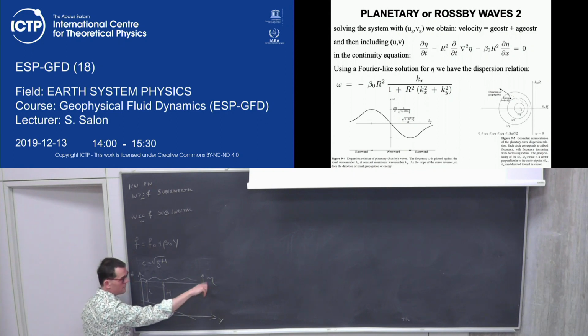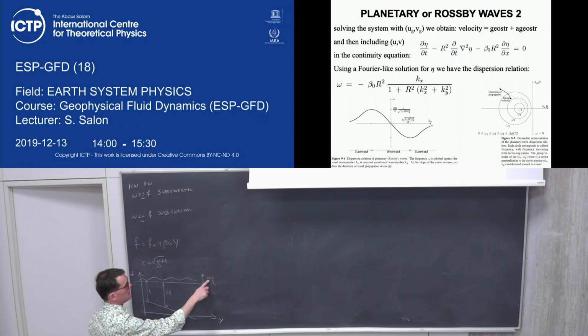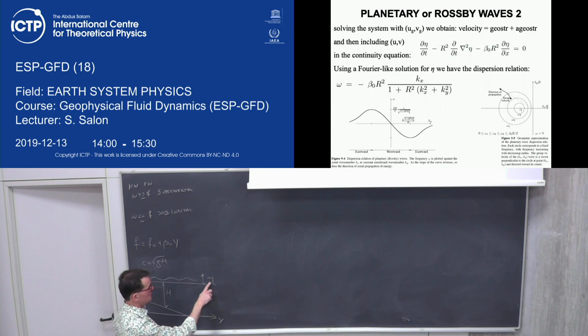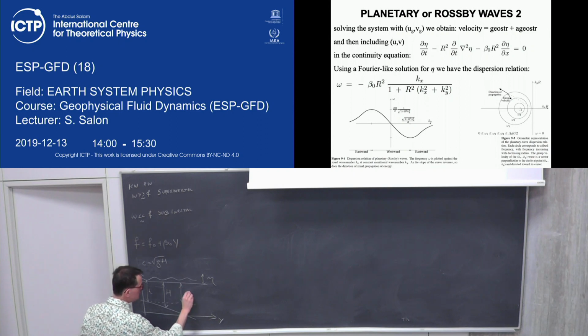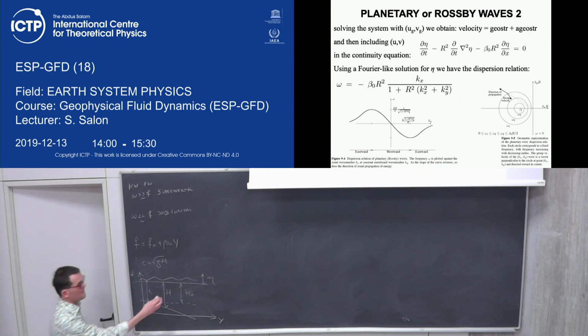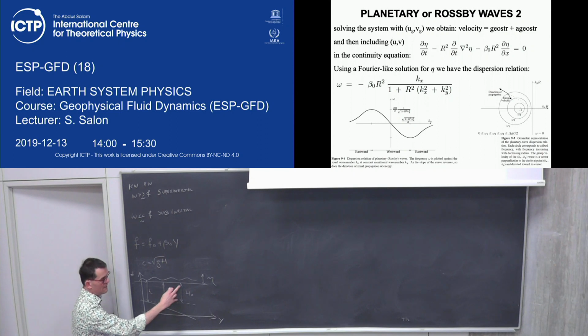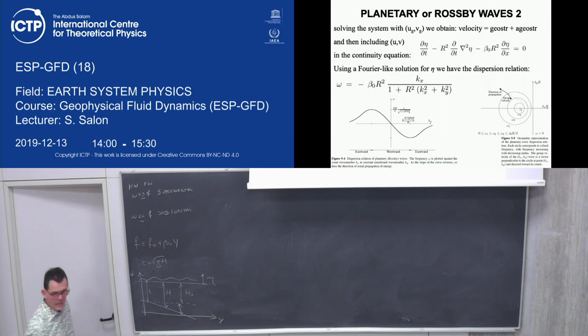Then we found all the expressions in the equations for eta. Now we want to say something more. Let's consider that we have an H0, a mean or average height, and then we have the topography, which can be atmosphere or ocean.